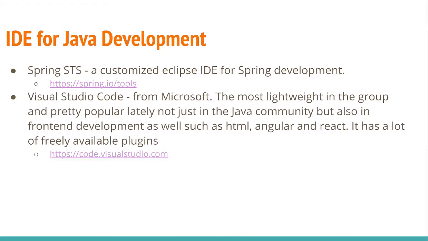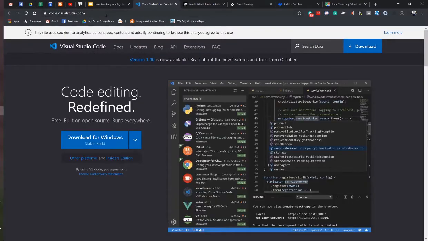It has a lot of freely available plugins. To install Visual Studio Code, just click this link, code.visualstudio.com, and download and install it from this URL.